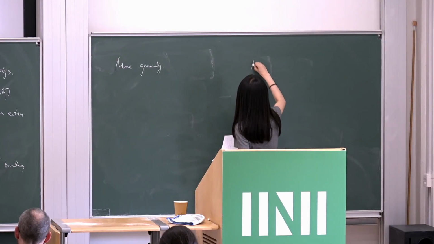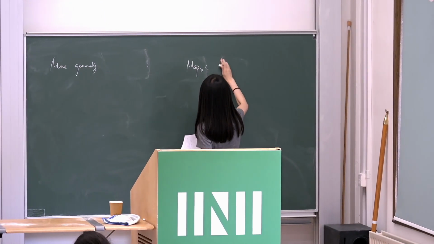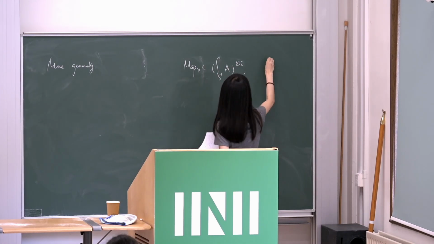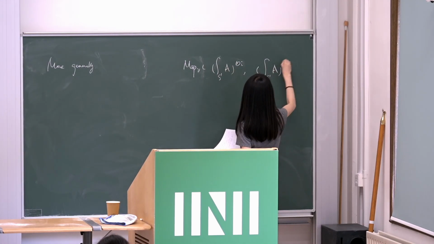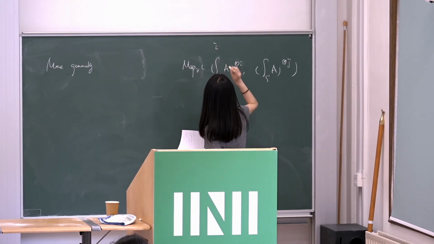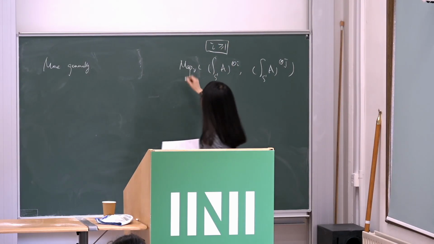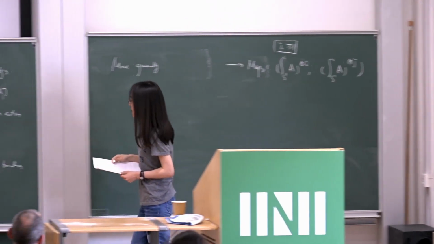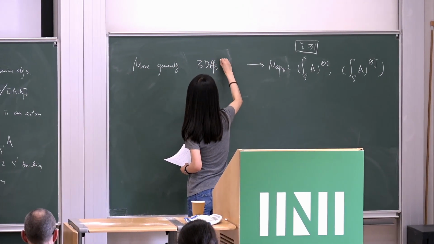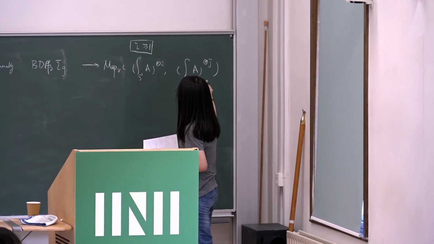So what about maps in V from I copies of factorization homology of A to J copies of factorization homology of A. Now we have to put this slightly strange condition that I has to be at least 1. So there's a map from B diff, fixing boundary, of sigma g, where now I have I incoming circles and J outgoing circles.